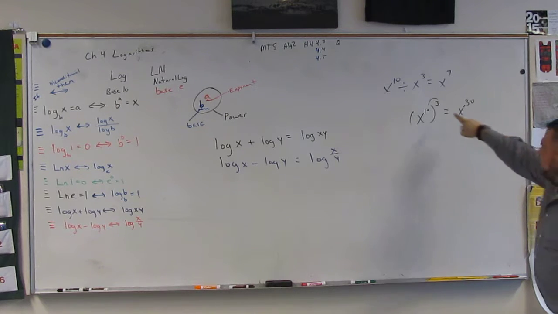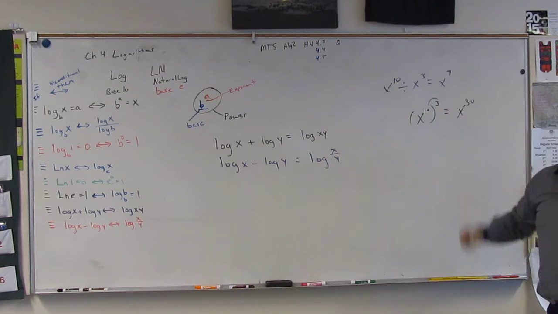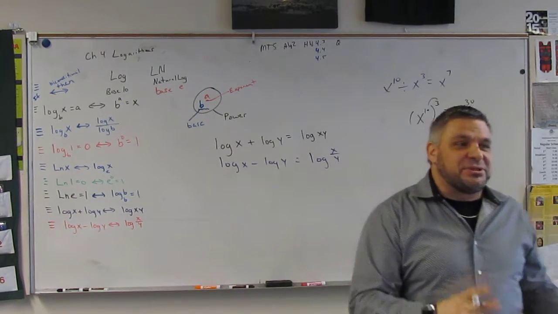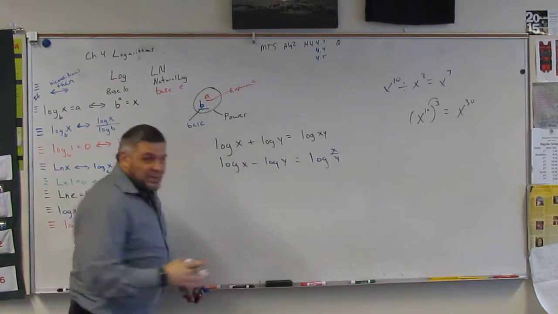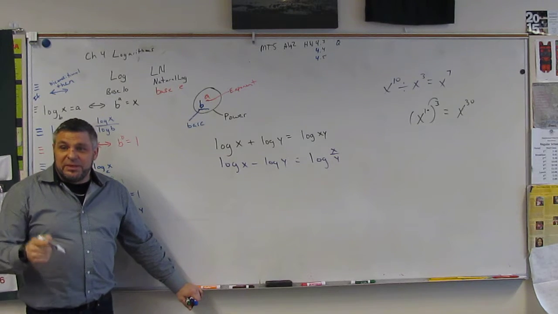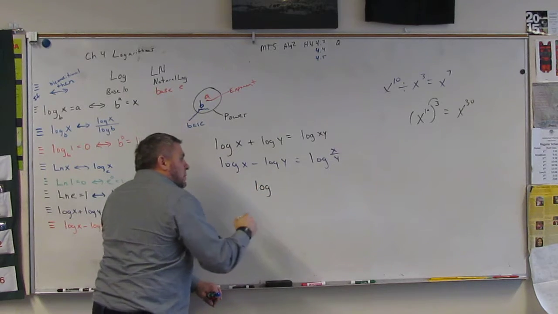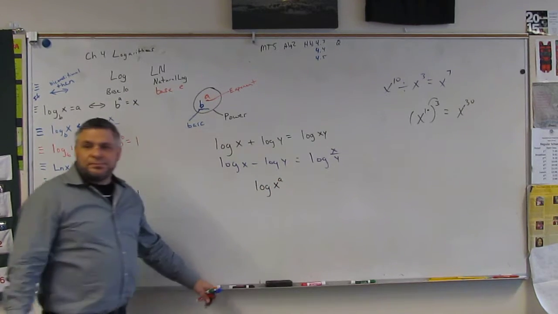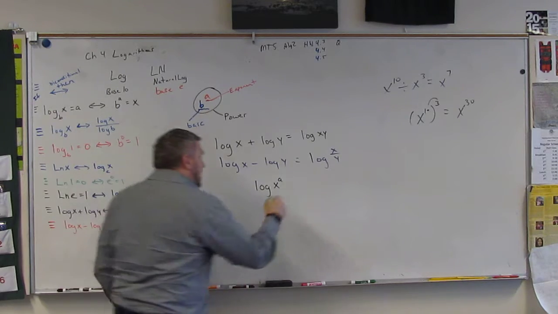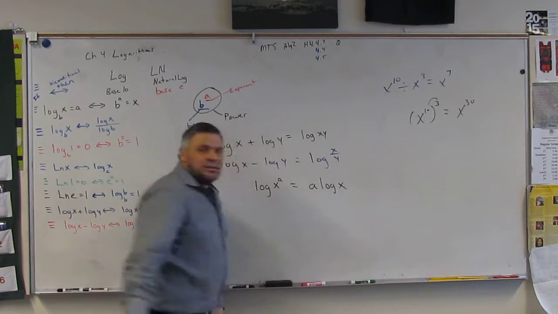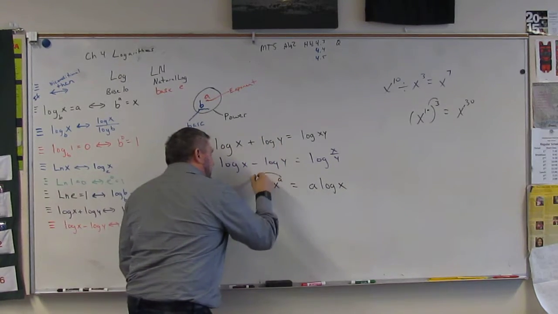So if we're going to multiply when we have a power of a power, then what are we going to do if we have a power inside a log? We're going to multiply. This is the hardest one for students to get. Believe me. But it shouldn't be, but it is. So, log of x to the a is equal to a times the log of x. So I just take that and put it out front.